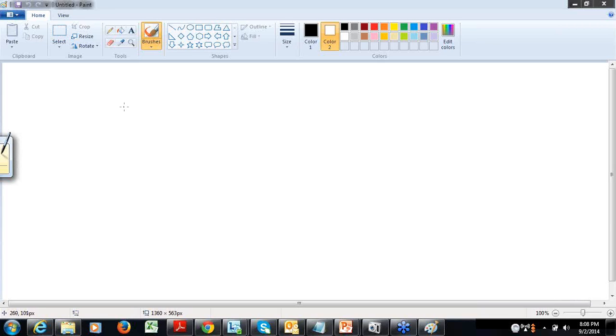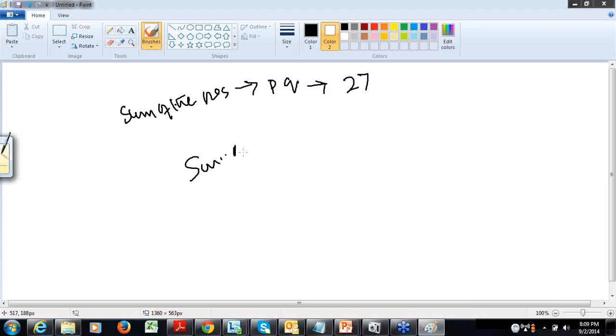See, the sum of the numbers came out as PQ. Say it is 27. Now the sum of the reversal was QP, so it was 72.